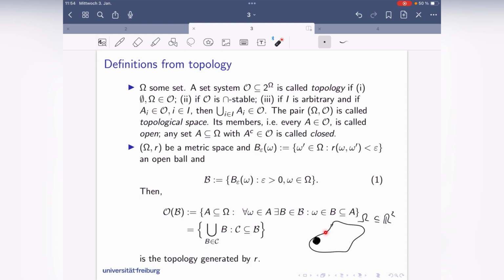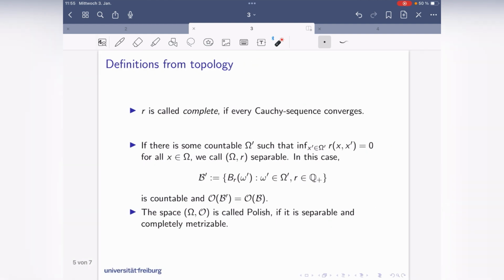So the border here is not part of the set. And that's why the first thing here holds. So for all omega in A, so this set here is my A without the border, there's some ball such that the center is in the ball, a subset of my A. So that's exactly this picture here. And that's the topology generated by the metric.